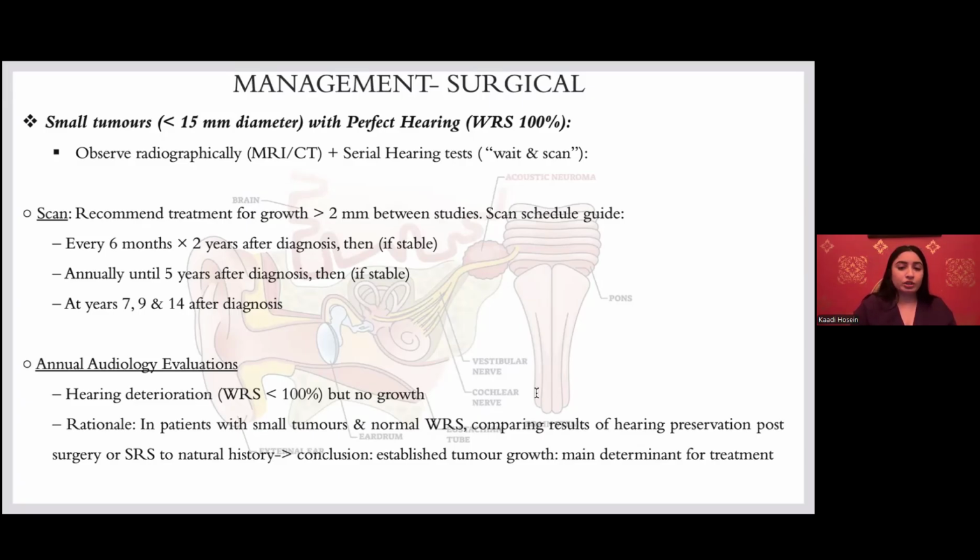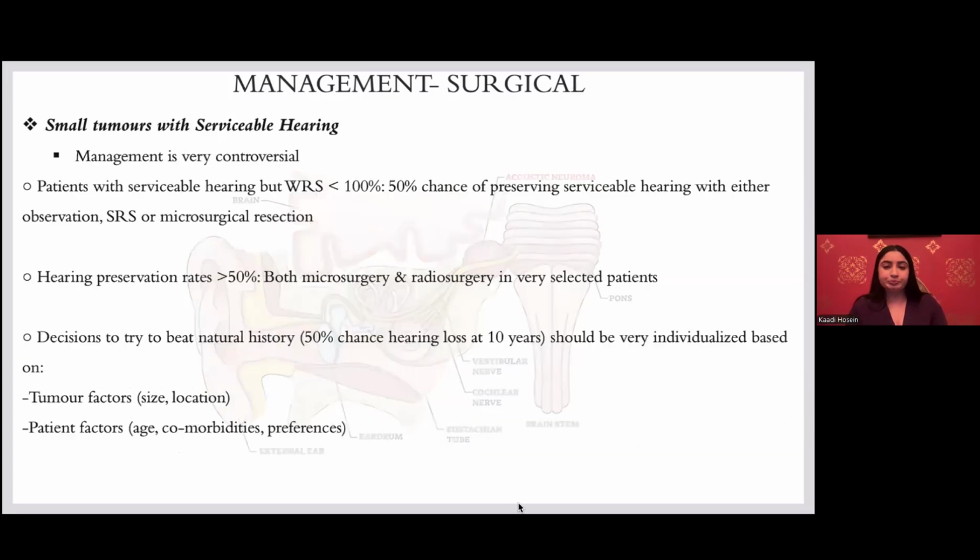Also, audiology evaluations are recommended for hearing deterioration but no growth. The rationale being that in patients with small tumors and a normal WRS score, comparing the results of hearing preservation following surgery or SRS to the natural history, the conclusion being that established tumor growth should be the main determinant for treatment of these cases.